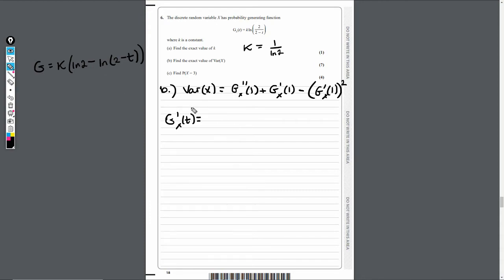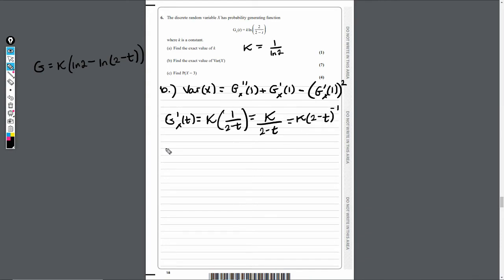So what I'm going to get here is k lots, because we need the k still, of 1 over 2 minus t. And we can rewrite this, and it'll make it easier because we've got to differentiate this again. This is the same as k over 2 minus t. And again, just one little step further, this will be k lots of 2 minus t to the power of minus 1. So we've got to differentiate this again.